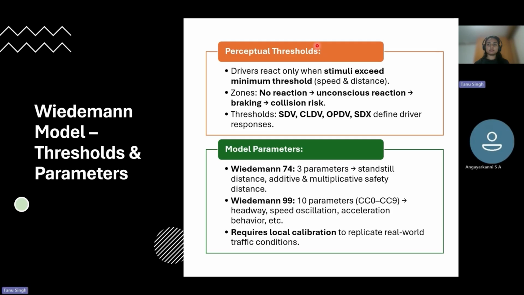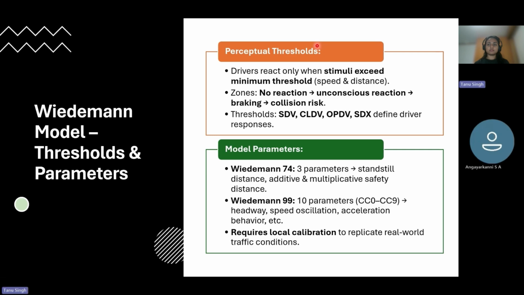Unlike traditional models that assume a driver reacts to even small changes, the Wiedemann model recognizes that driver responds only when stimuli exceed a certain threshold, like relative speed or distance increasing past a particular threshold, then only a driver reacts or we can see a response. So the car following behavior is divided into zones.